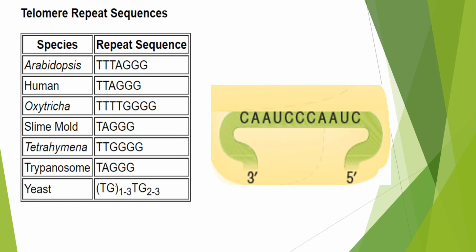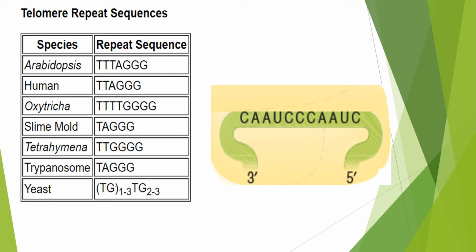If you see, this is the protein component, and this is the RNA, 5' to 3' or 3' to 5'. This is the human telomerase enzyme. The repeat of human is TTA-GGG, and this repeat is complementary to this region, that is AAUCC.